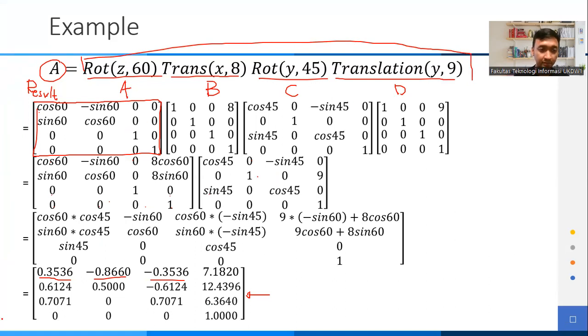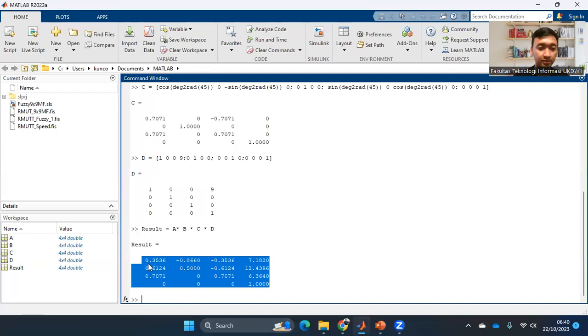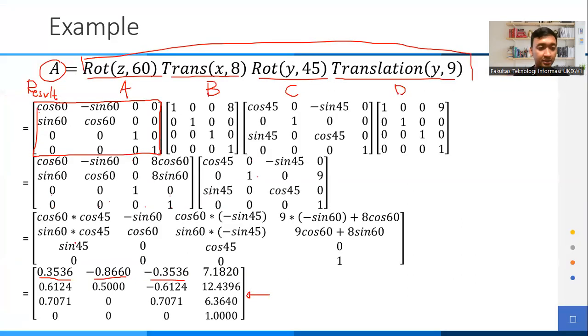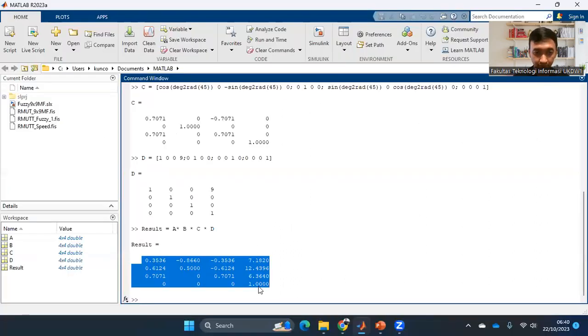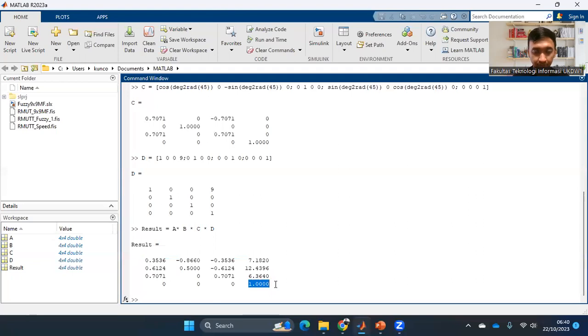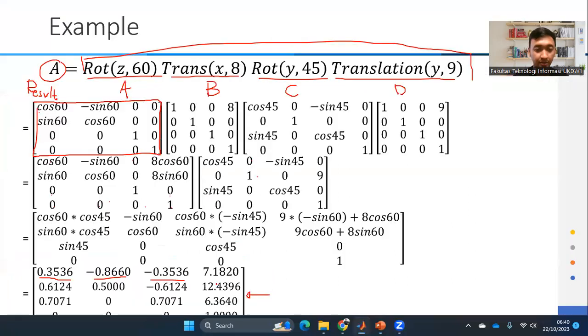The result is the same: 0.3536, 0.3536, and for the displacement, this element is 1.